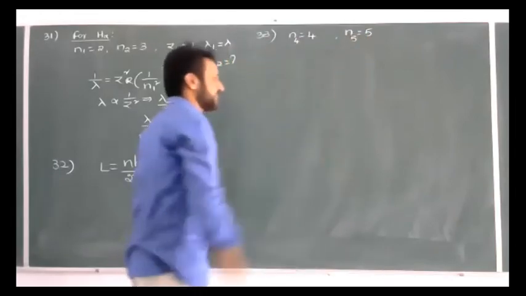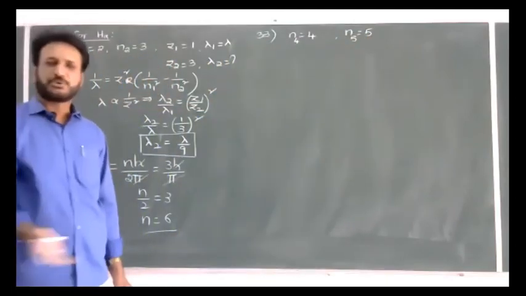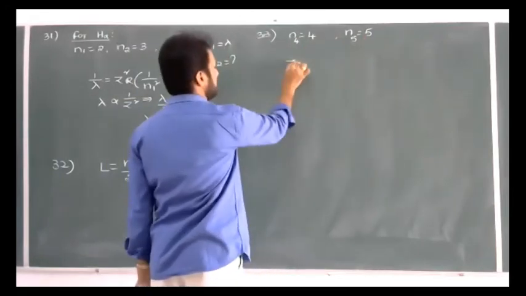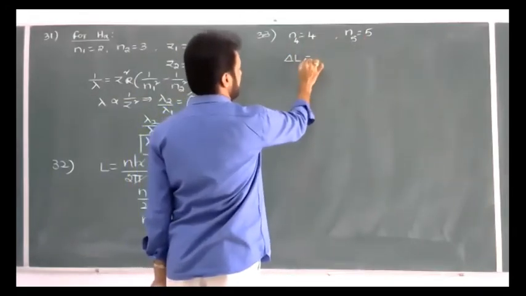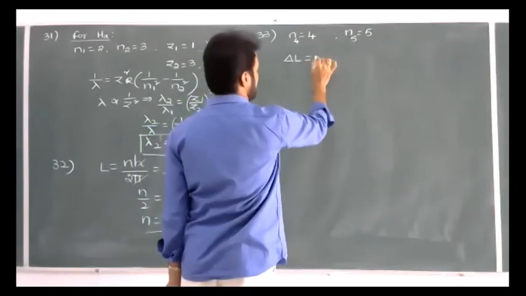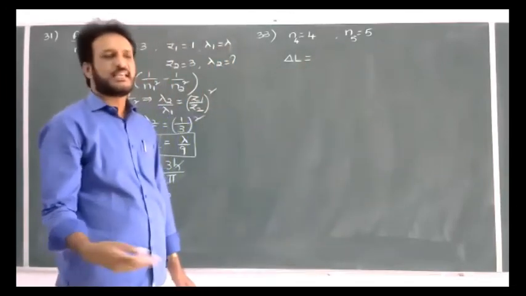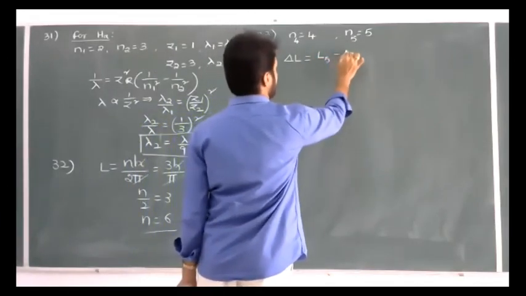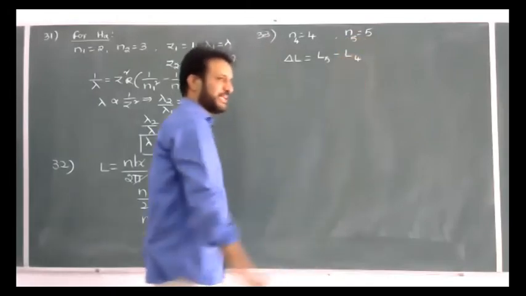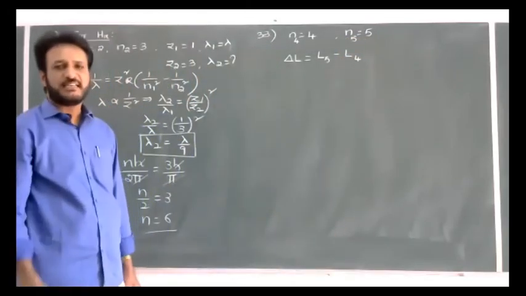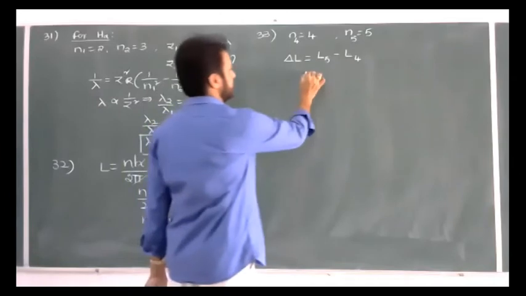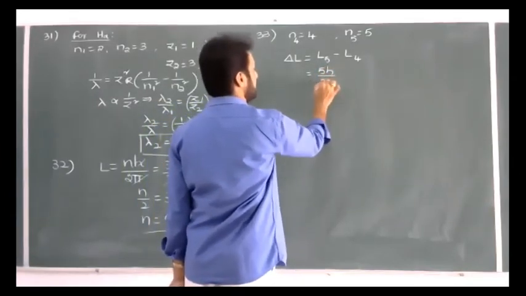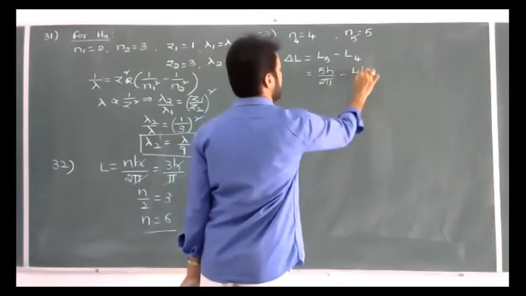Now check the question. The electron jumps from the fourth orbit to the fifth orbit: n4 is equal to 4, n5 is equal to 5. Angular momentum change means we should take delta L, which is L5 minus L4, the angular momentum in the fifth orbit minus that in the fourth orbit. The general formula is L equal to nh by 2 pi, so delta L is equal to 5h by 2 pi minus 4h by 2 pi.